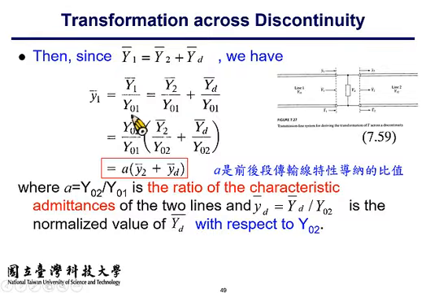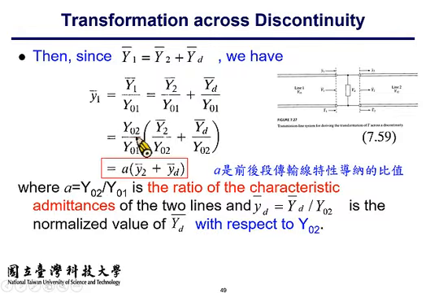If you apply the same denominator to the right of the equation, you have this result. However, they are different from the definition of y2 and y_d, which should be determined in terms of the characteristic admittance of the second line. So we have this modification by putting y sub 02 on the top and the denominator.